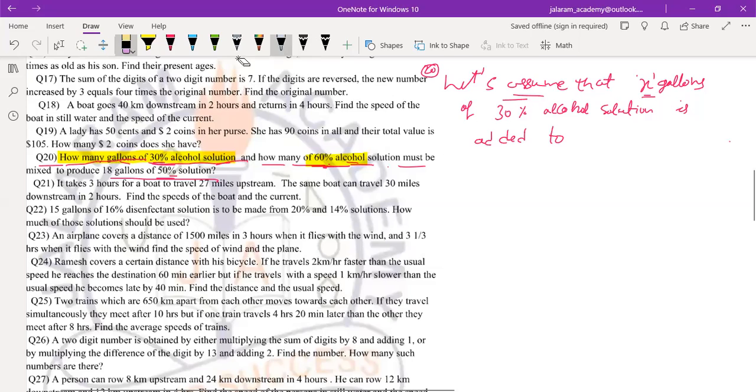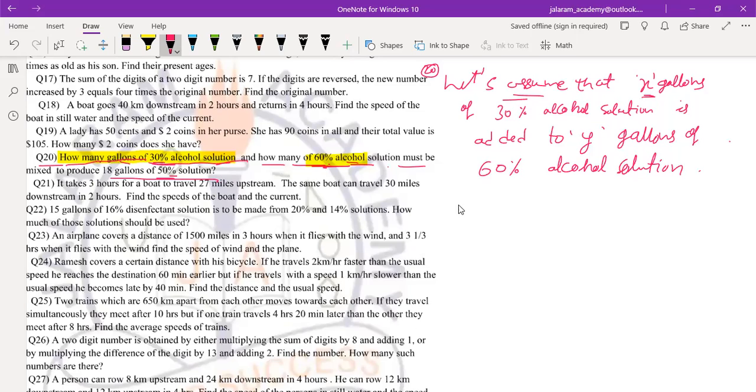So let's assume that X gallons of 30% alcohol solution is added to Y gallons of 60% alcohol solution to produce 18 gallons of 15% solution, this is also correct.